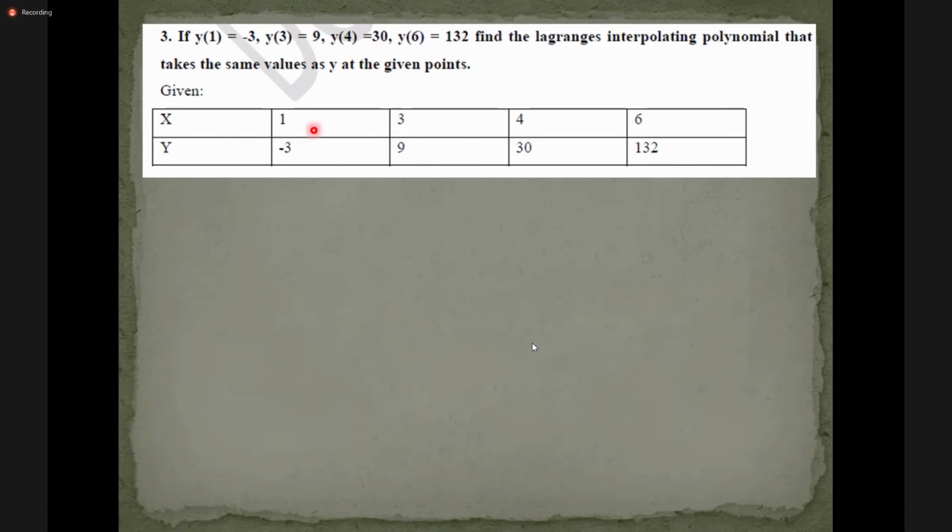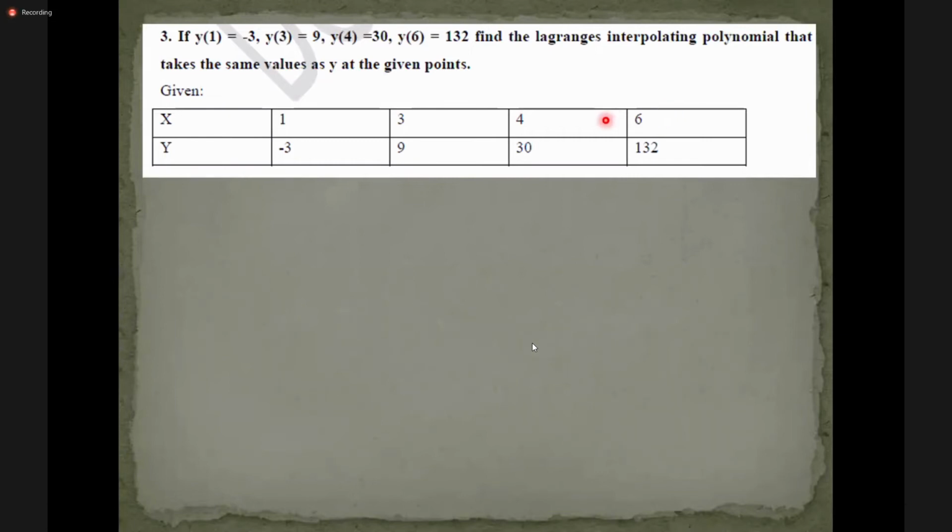In our regular formula, we give the notation now. This is a, this one is b, this one is c, and this one is d. So we start with f of x equal to x minus b, x minus c, x minus d upon a minus b, a minus c, a minus d into f of a, and plus so on. Now what is the change?